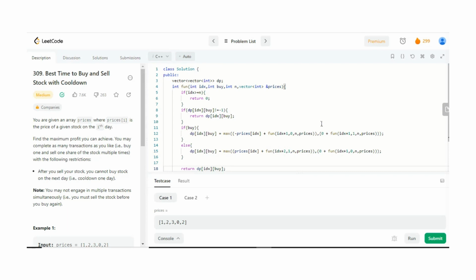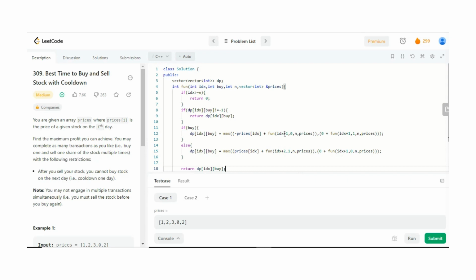First, whenever the question mentions that we need to calculate a maximum or minimum, and there are two choices, whether to take it or not take it, or the question is related to a standard dynamic programming problem such as 0 1 knapsack, at that time we simply apply DP.